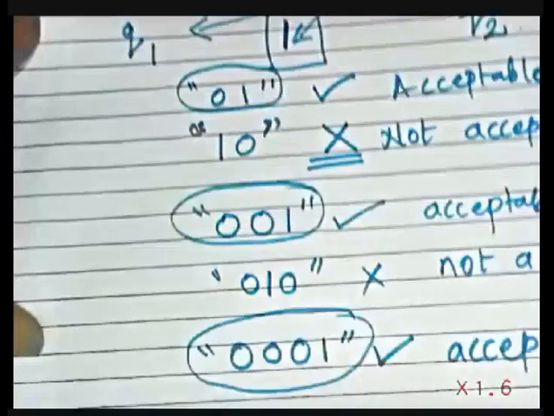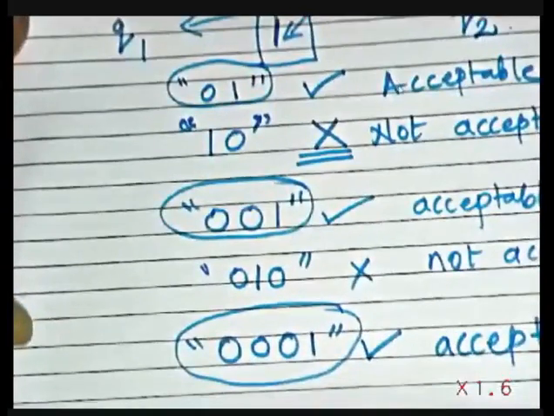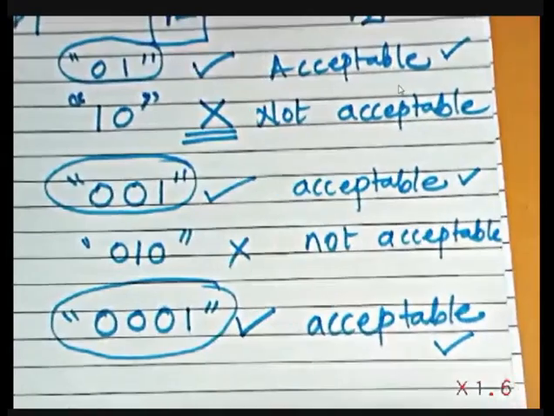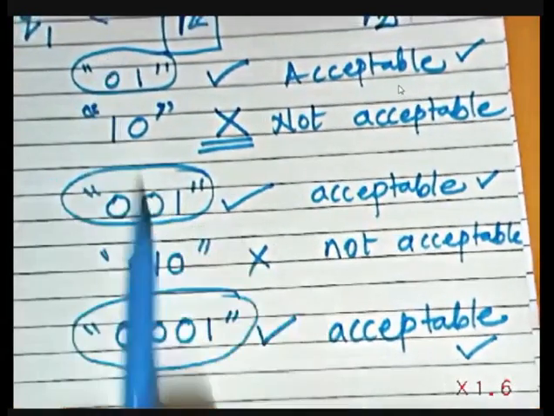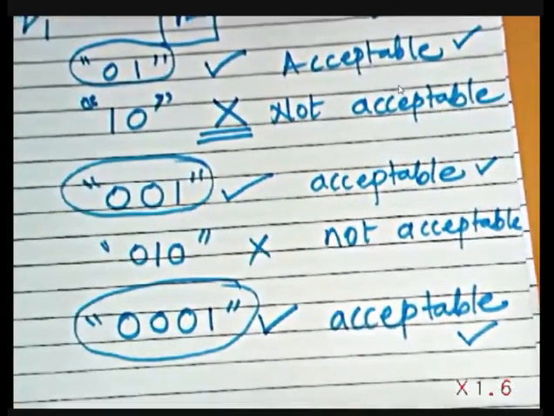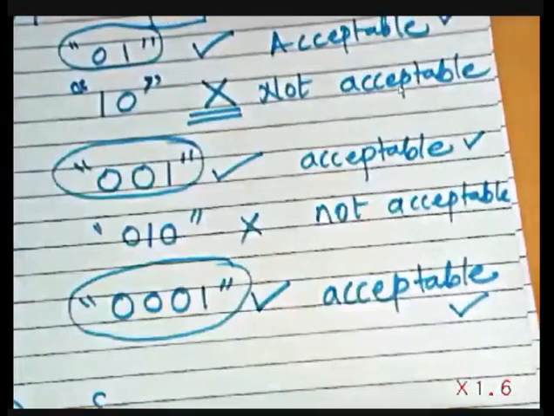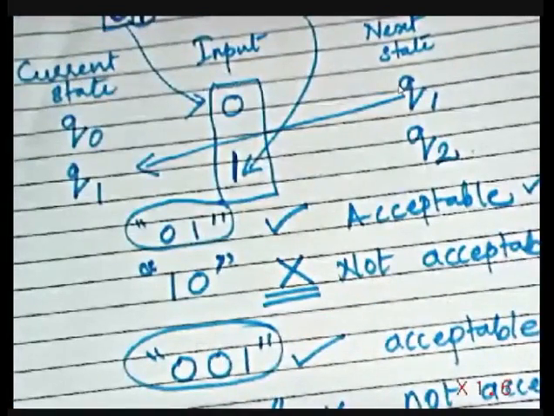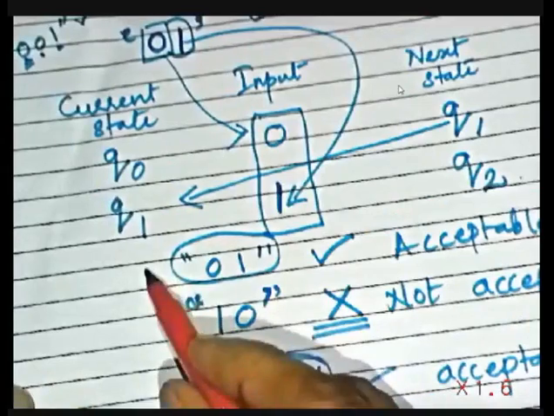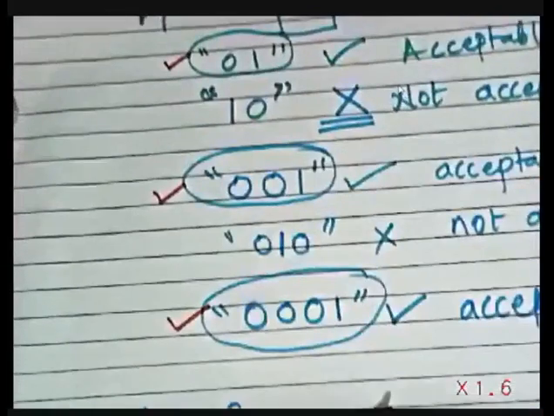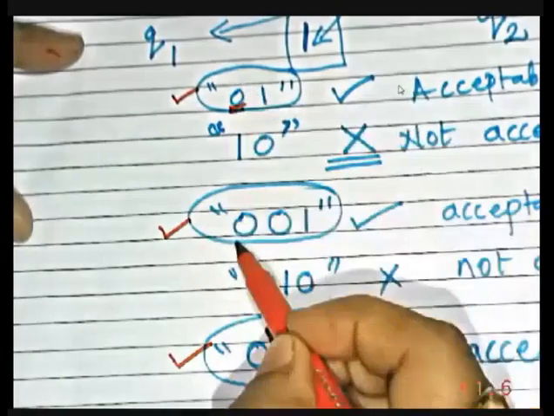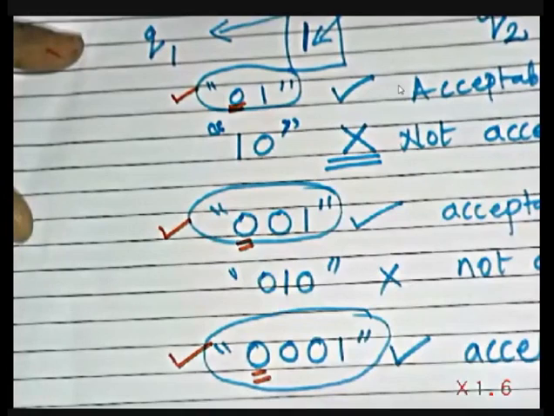Now from these 3 strings, what are your observations about the language? Language in the sense, what will be a set which you can represent here from this observation? What are the common things in these 3 strings? Any similarity between these 3 strings? If you will find, the similarity is every string is starting with 0, right?